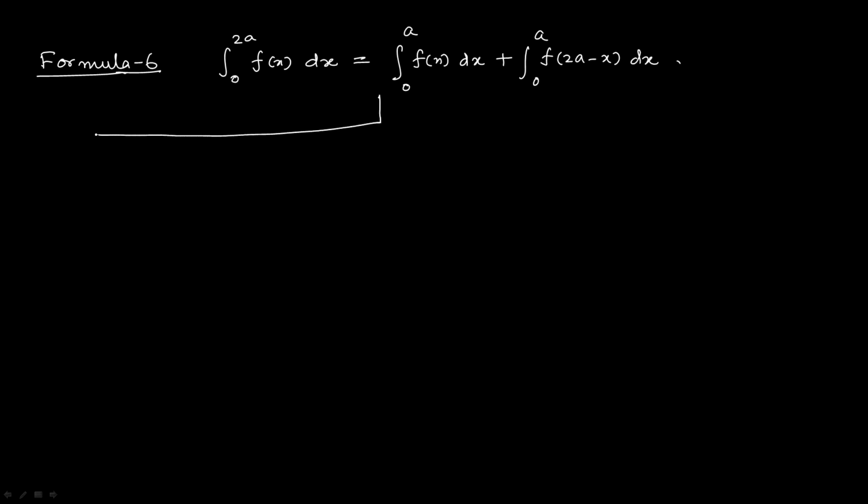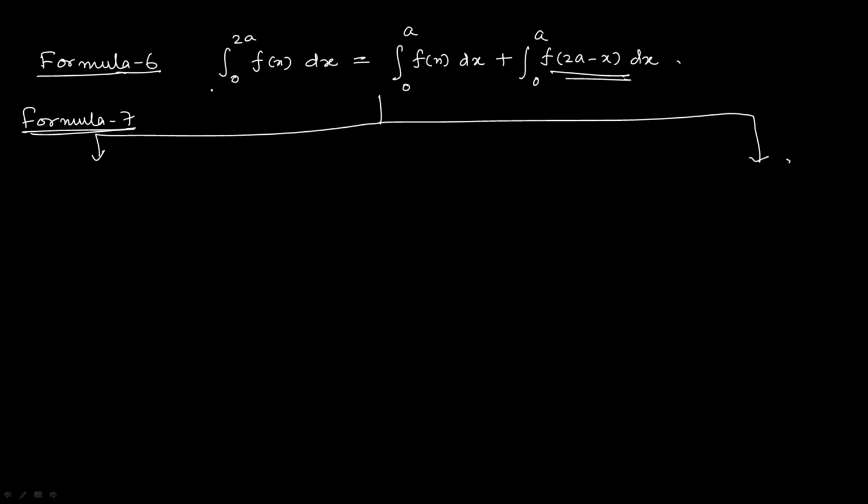Now if I make a change here in formula number 6, I am getting formula 7. First of all, in the first step I am writing: if f(2a minus x) equals f(x), this is one case, and here f(2a minus x) equals minus f(x). Two cases are there: case 1 this one, and case 2.